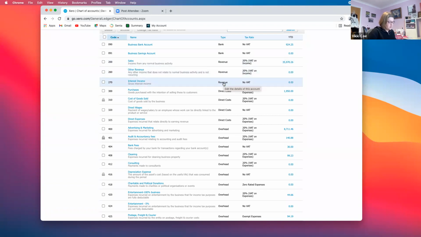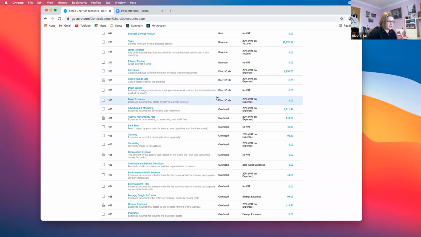Then it moves into your expenses. So you have your direct costs here, your overheads. Now, if we start with the direct costs, these ones here, direct costs are costs that directly relate to your business trade and therefore will fluctuate with the quantity of sales that you have.